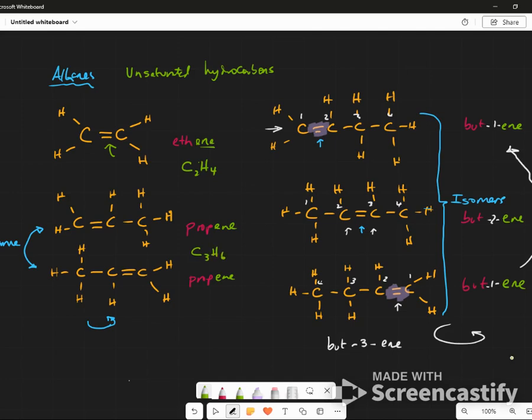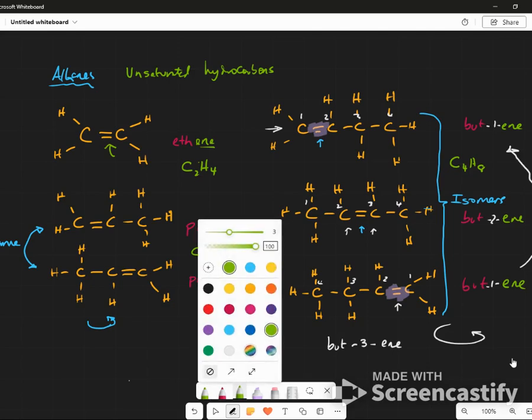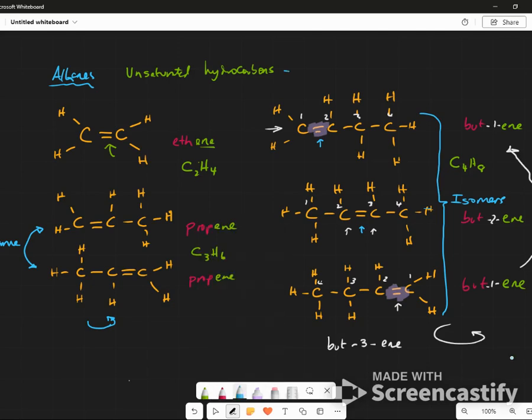All of these are C4H8. So you can probably see what the general formula is here. The general formula is CnH2n. Again, you've got to remember that, CnH2n. So that's the general formula of alkenes.